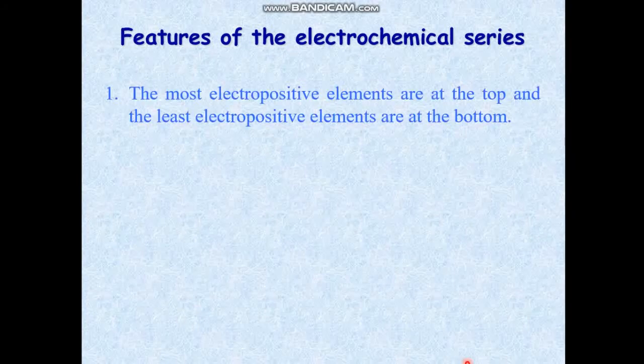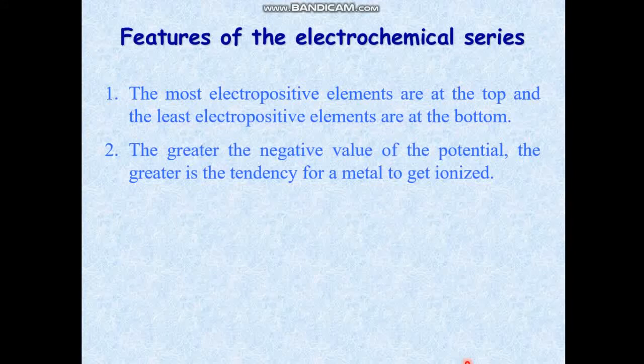The most electropositive elements are at the top, as we have seen in the case of lithium, the most electropositive element, placed at the top of the series. And what is at the bottom? The least electropositive, or the most electronegative, combination has been placed at the bottom of this series.